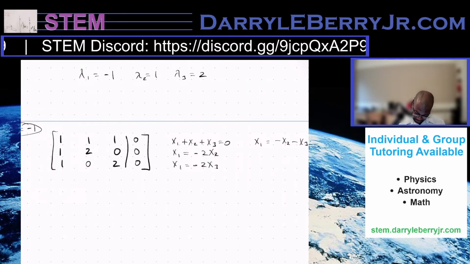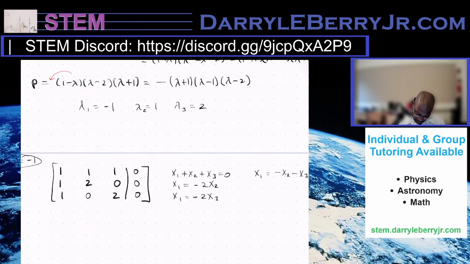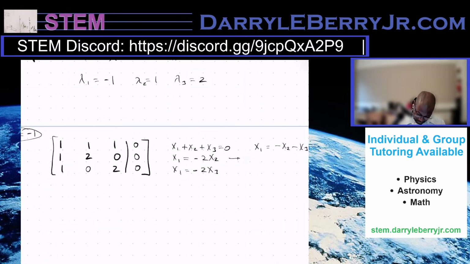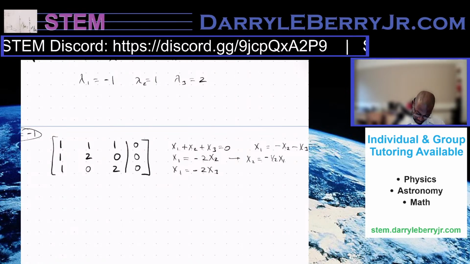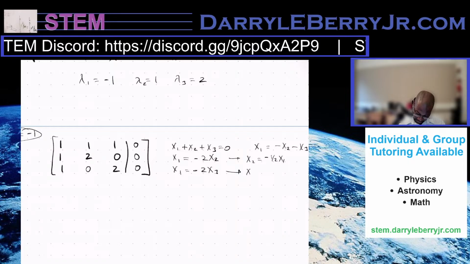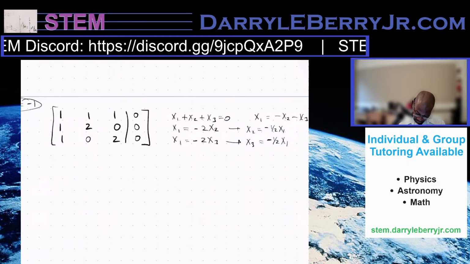So a lot of different values for x1. So x2 equals negative 1/2 x1 and x3 equals negative 1/2 x1.